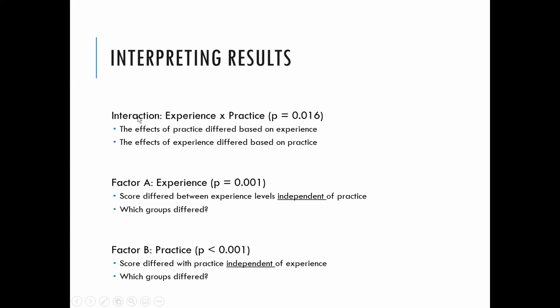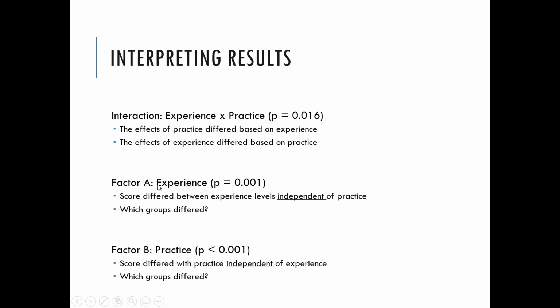Okay, so just like what we saw on the previous slide, when we looked at the interaction term for experience and practice, our p-value is 0.016, so it's less than 0.05. So what we would conclude is that the effects of practice differed based on experience, and that the effects of experience differed based on practice.